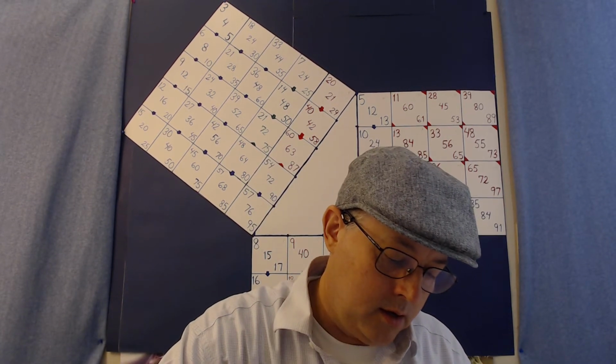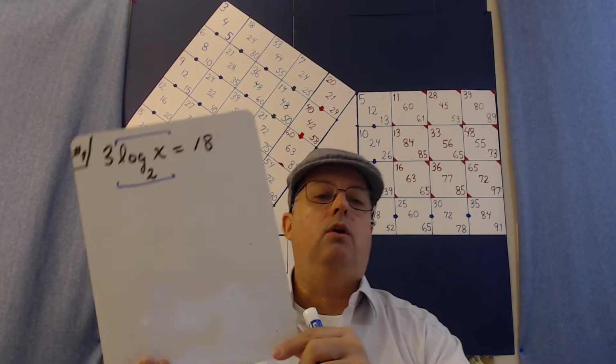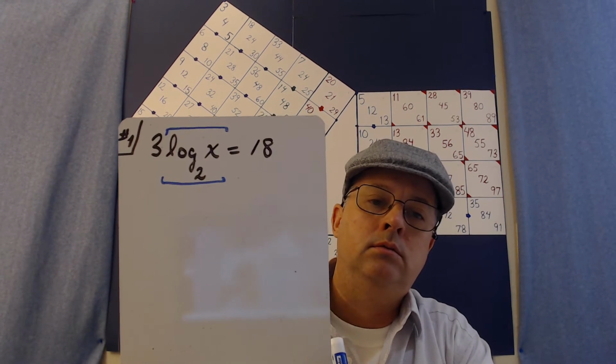And you're going to see what we mean in this example here. So imagine that this was just 3z equals 18.